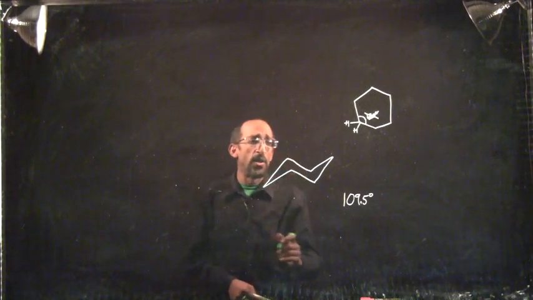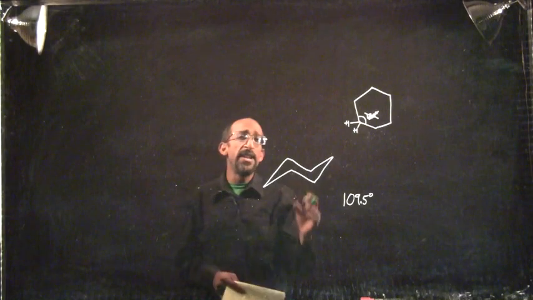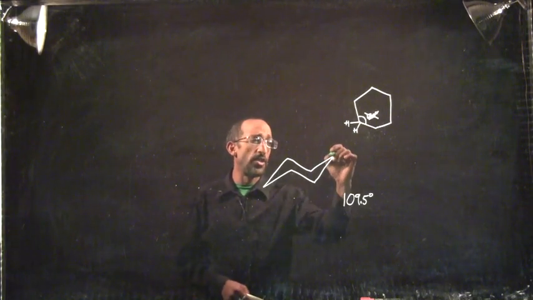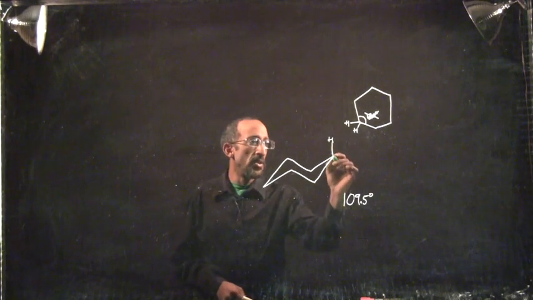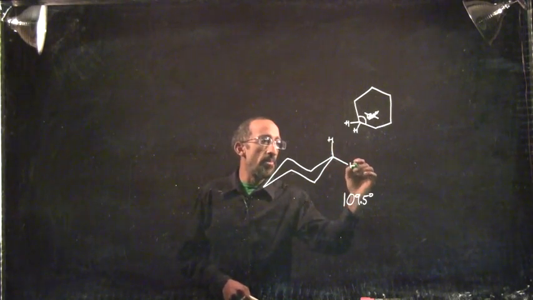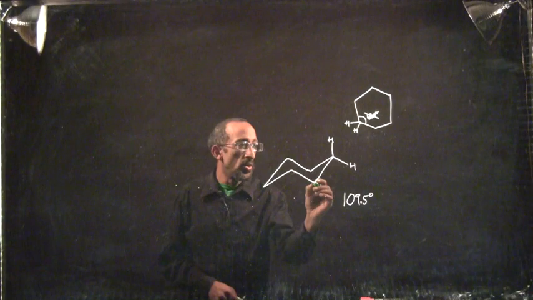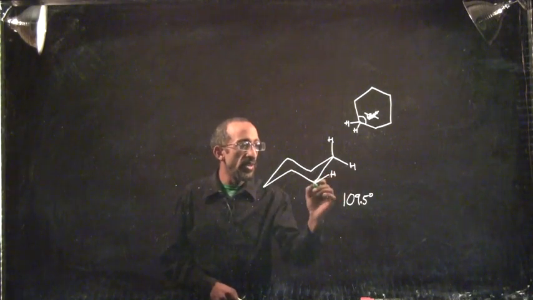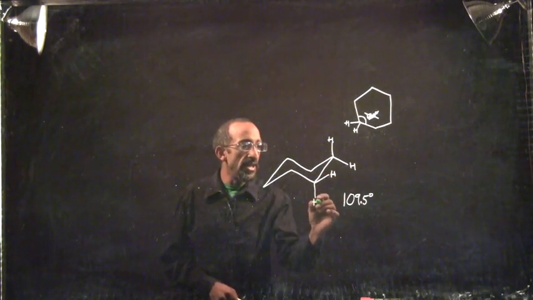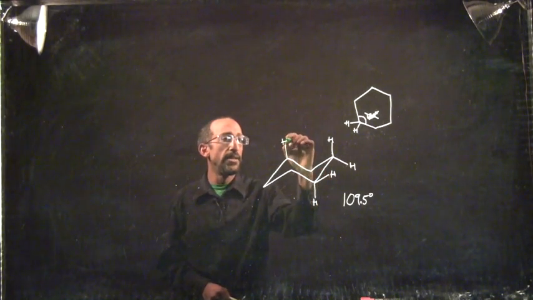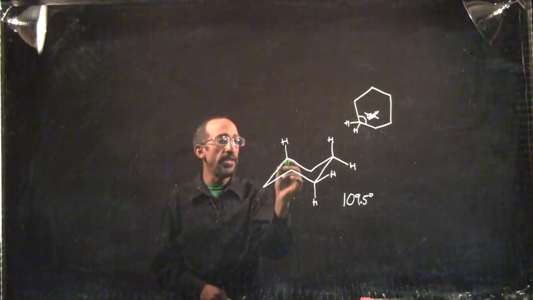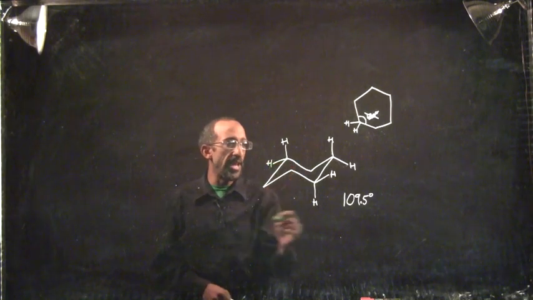The other consequence of this is that it eliminates nearly all of our torsional strain. If we were to put in our hydrogen atoms with our appropriate bond angles, we would see that we have almost no eclipsing interactions. So I'm just going to put in a few of these hydrogens to demonstrate that.